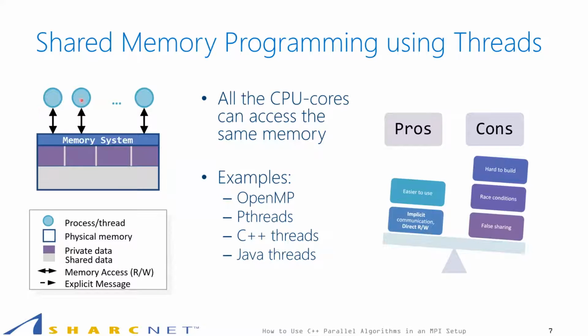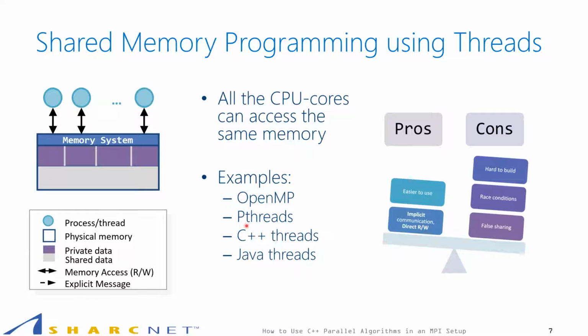As you can see in this illustration, in shared memory programming using threads, all the CPU cores can access the same memory. Each core or process has access to its private data and also access to shared data, which is shared between all cores or processes.